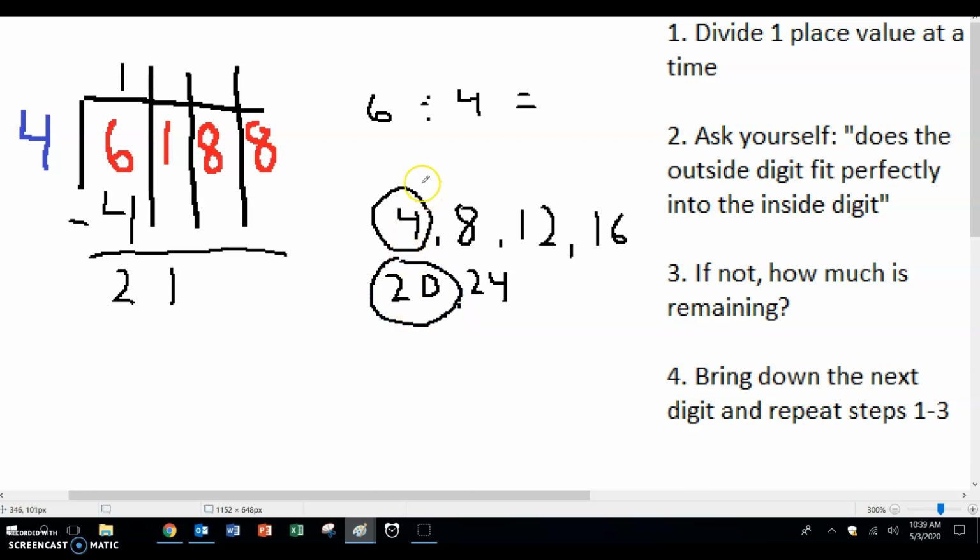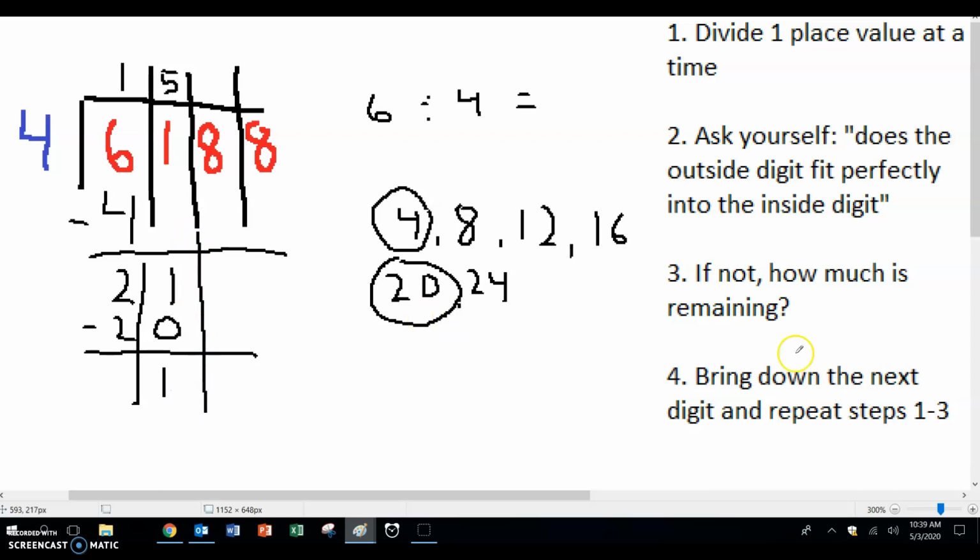And we get to 20 with 1, 2, 3, 4, 5 groups of 4. The 5 goes on top, and then we ask ourselves, how much is remaining? 21 minus 20 gives us a remainder of 1.